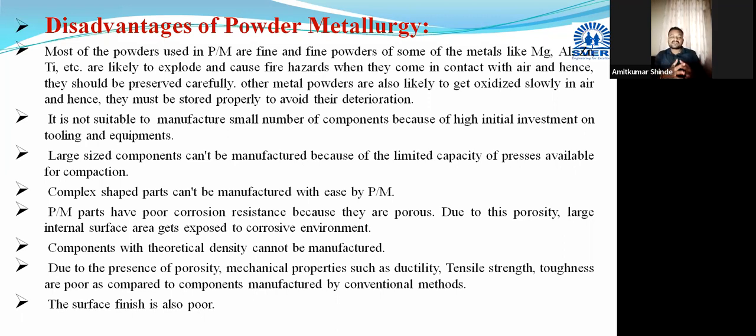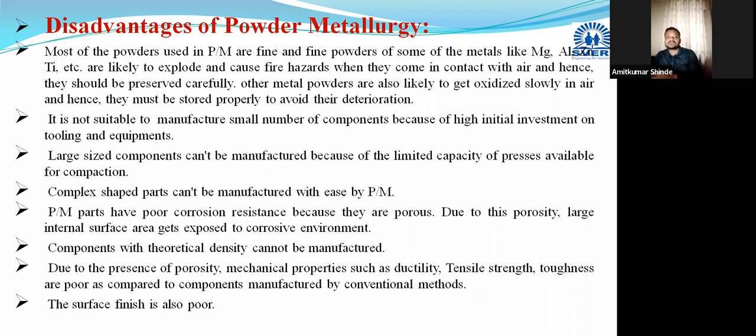If they come in contact with air, an explosion may occur. Hence proper care and safety precautions should be taken during their preservation. Or some metal powders may come in contact with oxygen and form their respective oxides.